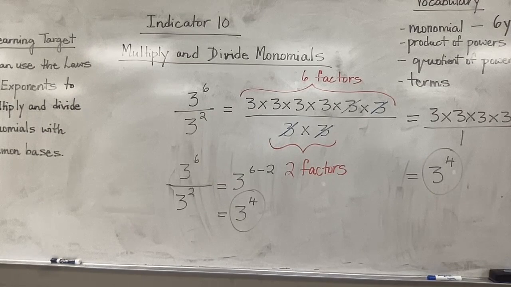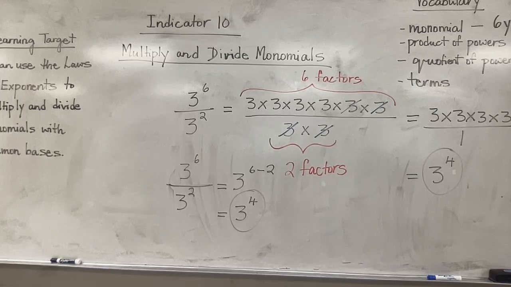Again, when simplifying a quotient of powers using the quotient of powers property, why do the bases have to be the same? For example, why can't I use the quotient of powers property to simplify x to the eighth power divided by y cubed?